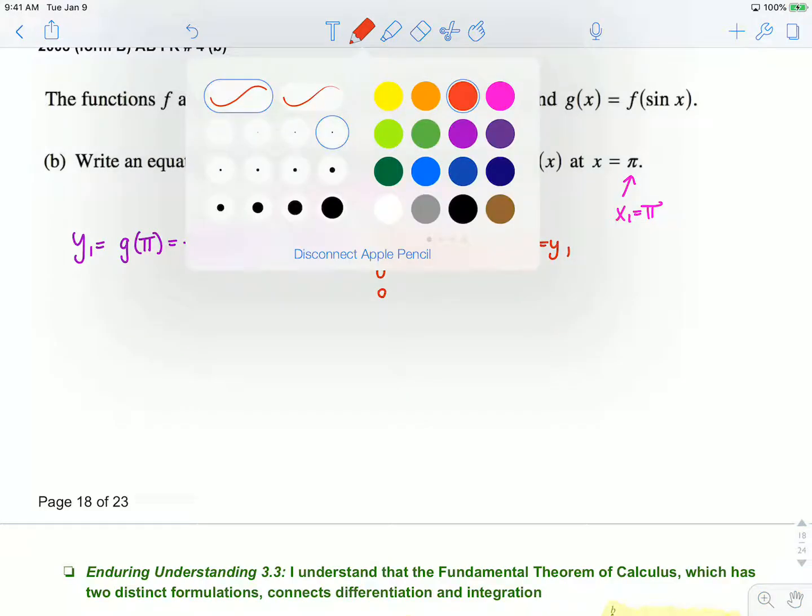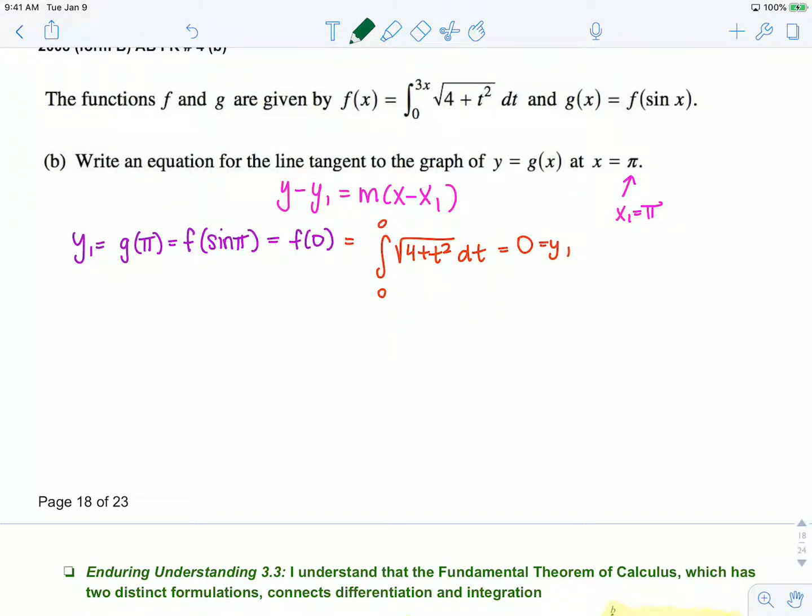Now we need to find m, our slope. So first we need to find the derivative of g. g prime of x equals f prime of sine of x times cosine x. We did this in our last notes, but let's do it again.